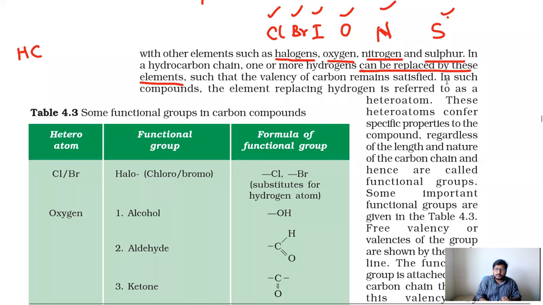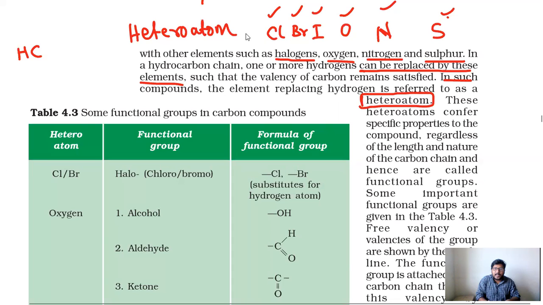What change will we see? In such compounds, the elements replacing hydrogen are referred to as heteroatoms. So if you remove hydrogen and add some other element like chlorine, bromine, iodine, oxygen, nitrogen, sulfur, these atoms are known as heteroatoms.